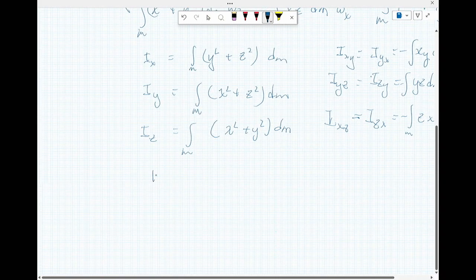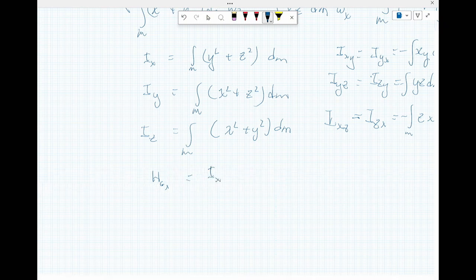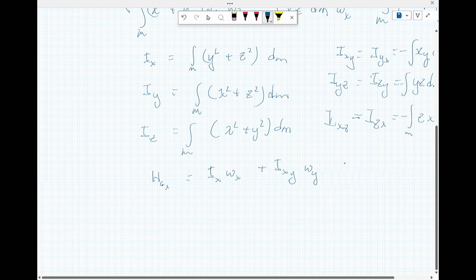So if you go further, you can say H_Gx is equal to I_x omega x, minus I_xy omega y, minus I_zx omega z.